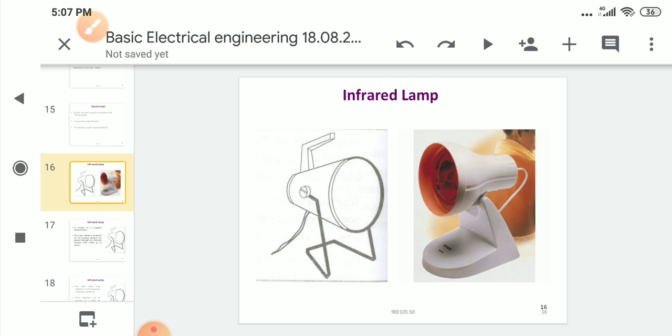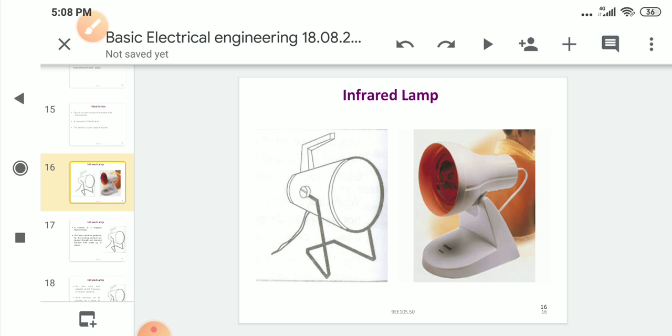These lamps are commonly incandescent lamps, covered with a red infrared fitting made of silicon, and filters are also there to emit the heat radiation at the frequency of infrared radiation. They use a low amount of energy but have the ability to heat quickly.